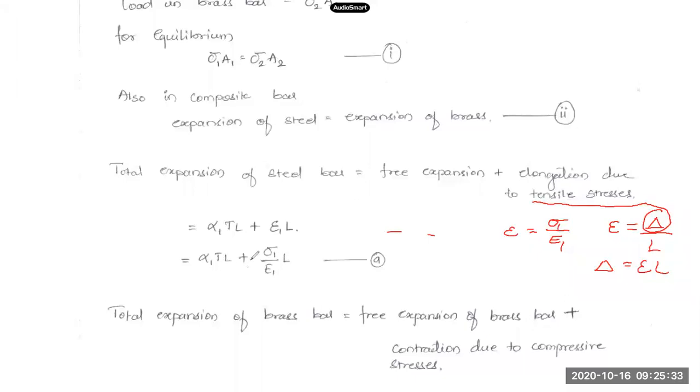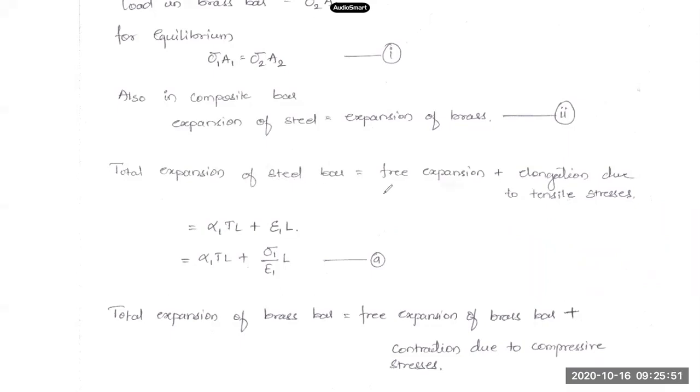This is the free expansion. Plus, this is the expansion due to the tensile stresses in the steel bar. Please make this point very clear. What I am trying to calculate is the expansion in the steel bar.